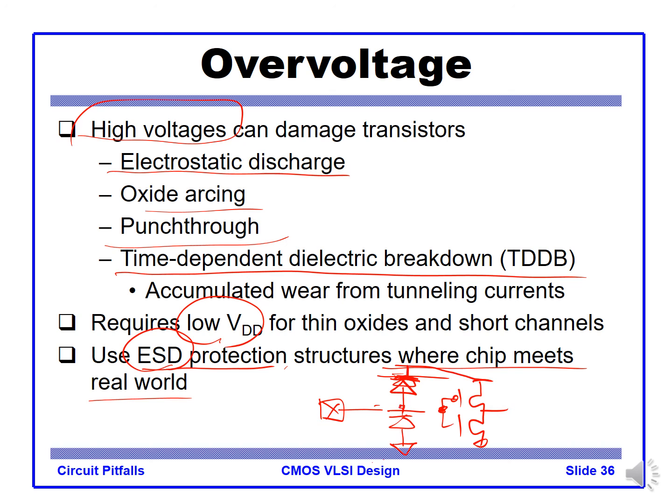It is always turned off when the input is between VDD and ground. If the input goes above VDD or below ground, this diode will be on, so we can limit the input voltage. In that way we can safely protect the device.